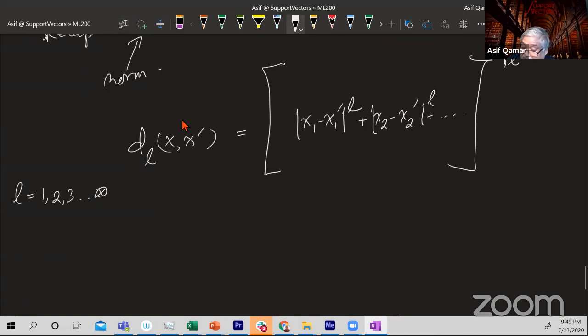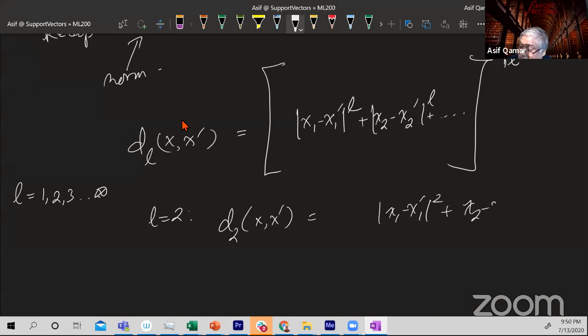So if you look at it, L is equal to 2. What does it become? D2 of x and x prime is our familiar Euclidean distance, the square root of x1 minus x1 prime squared plus x2 minus x2 prime squared. Now you realize that for even powers, you don't even need the mod.